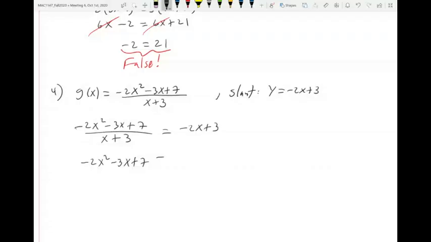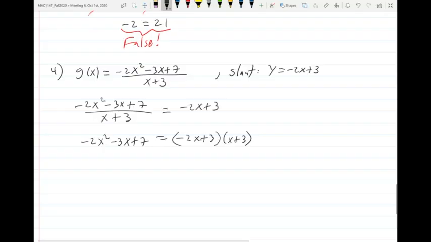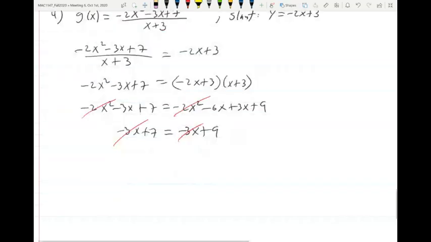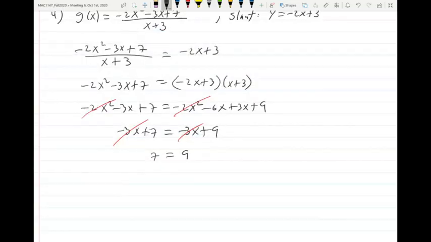We get negative 2x plus 3 times x plus 3. Clearing parentheses on the right hand side, we're going to have negative 2x squared minus 6x plus 3x plus 9. So we see that these negative 2x squared terms are gone. So we get negative 3x plus 7 equals negative 3x plus 9. Again, the negative 3x's are gone. So we have the statement 7 equals 9.